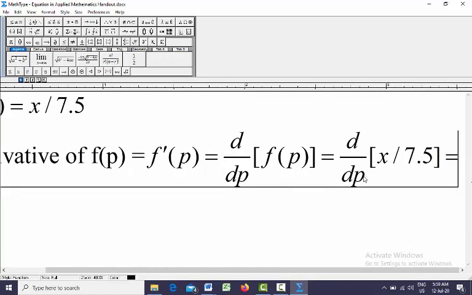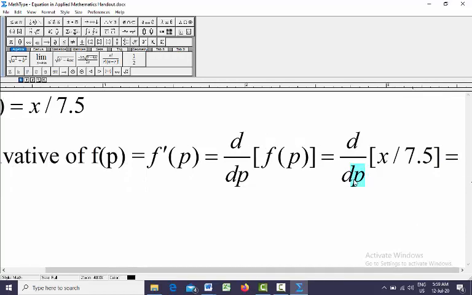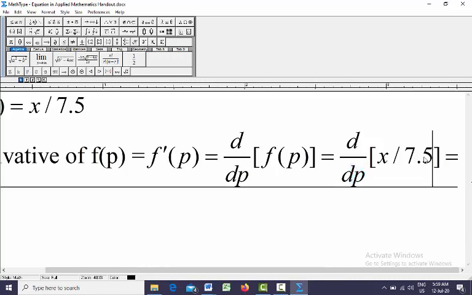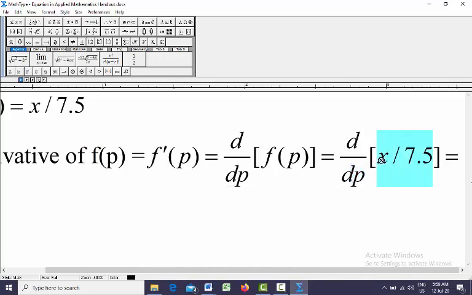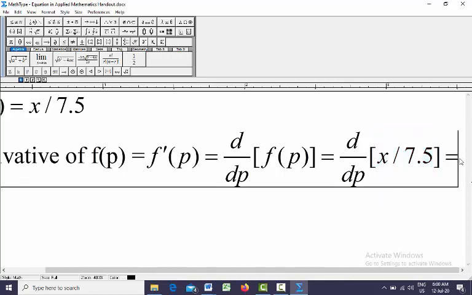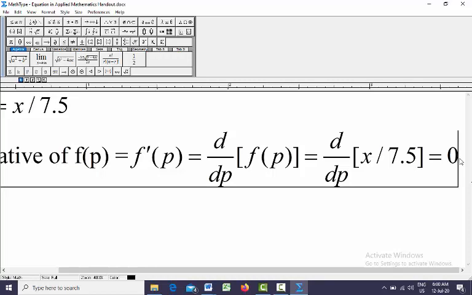As I said before, here this is the variable, so you need to do differentiation of this one with respect to this variable. This variable must be there in the function, otherwise the answer will be 0.